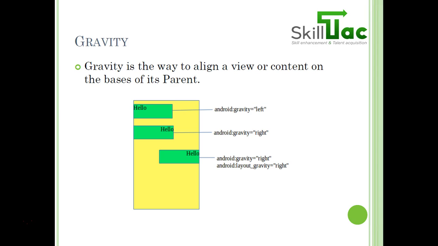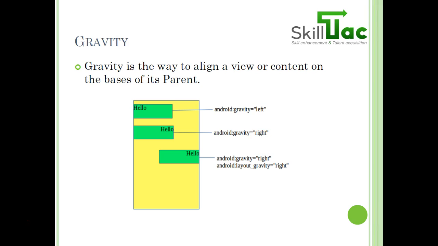So the first is in which we set the content of the view. So the content that is written inside the view, we set the alignment using this property. So it can be either left, right, or top or bottom.